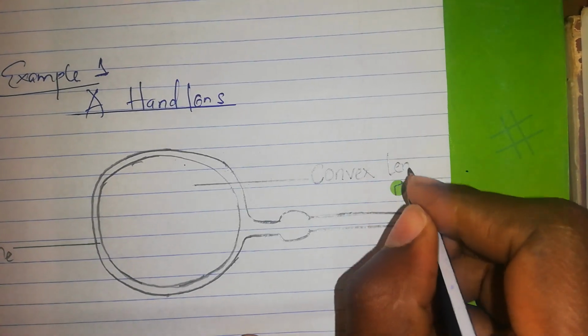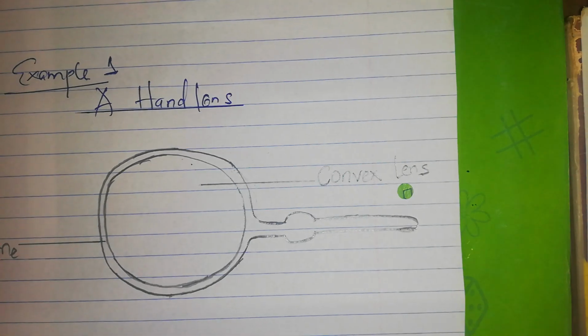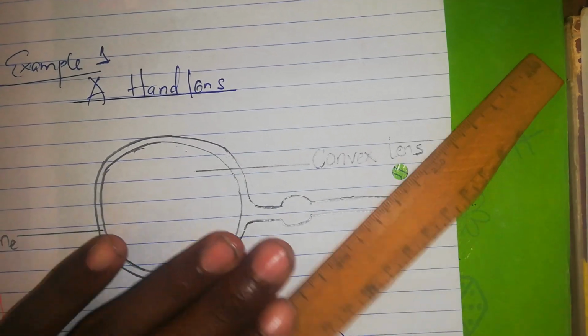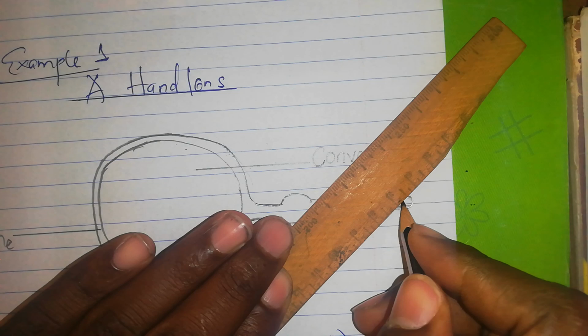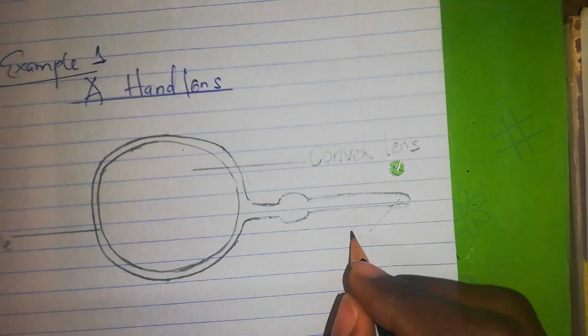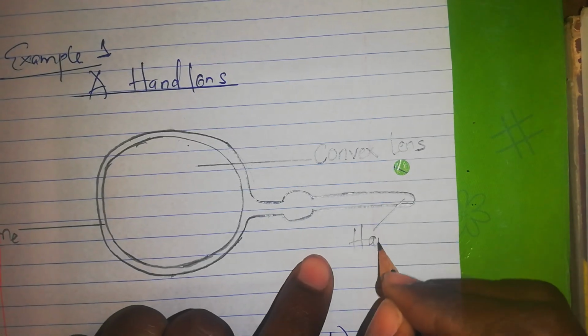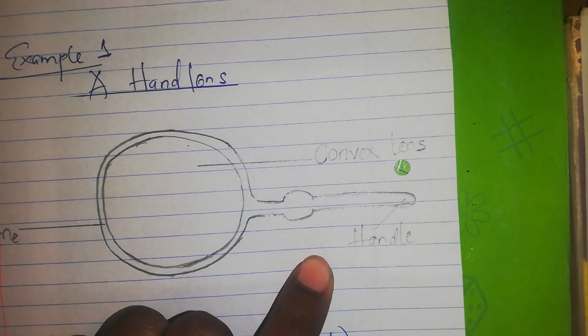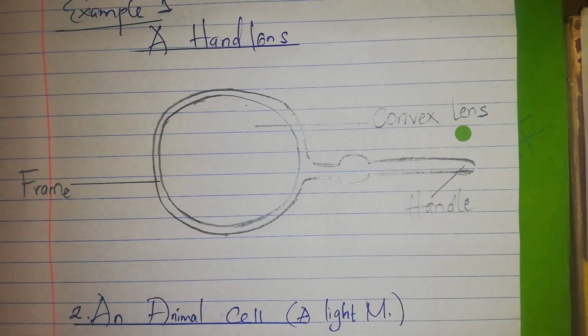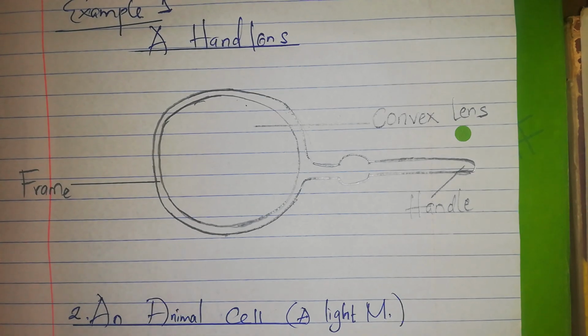And maybe the last one is the handle. This one here, this one is the handle. So this is how you make a biological drawing. All the principles are followed.